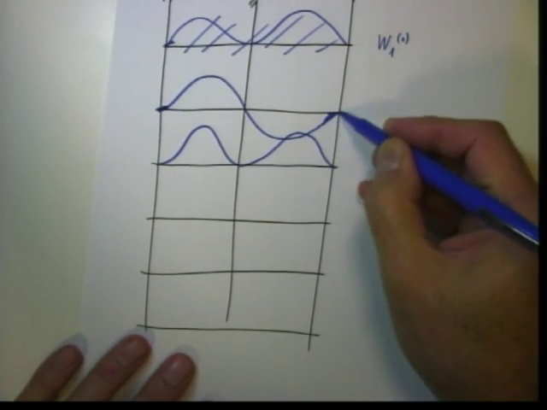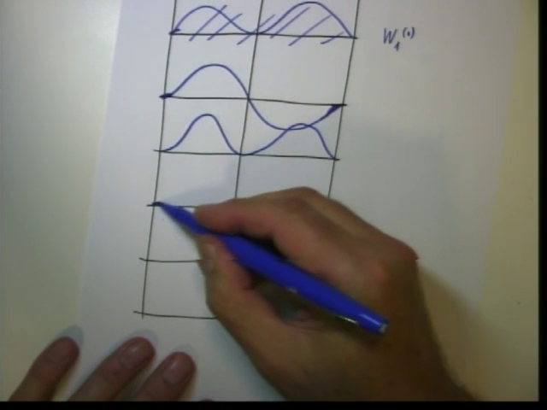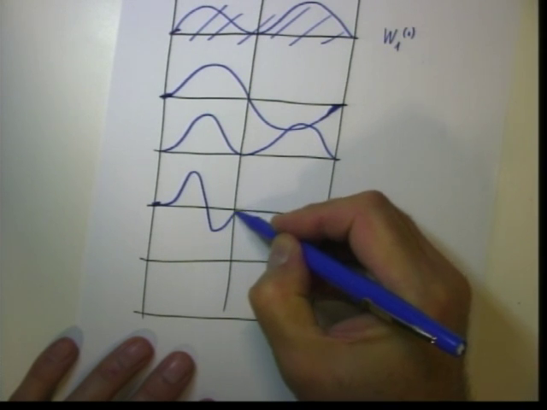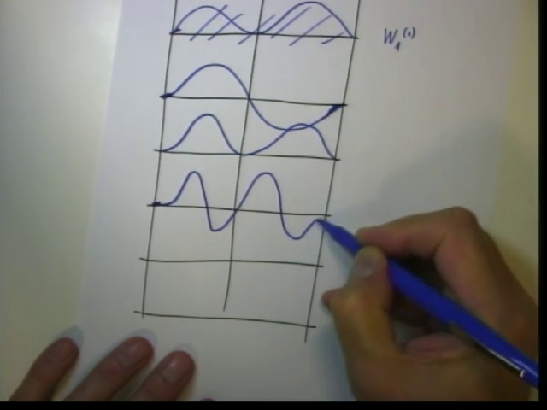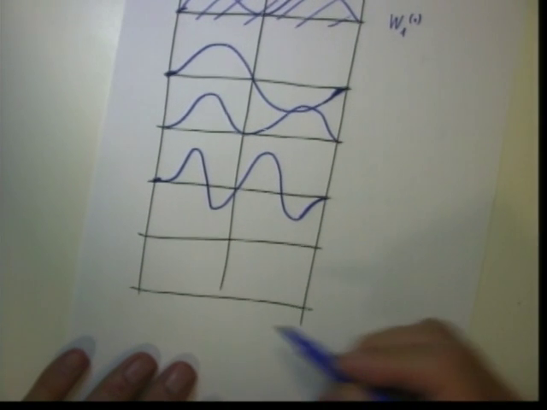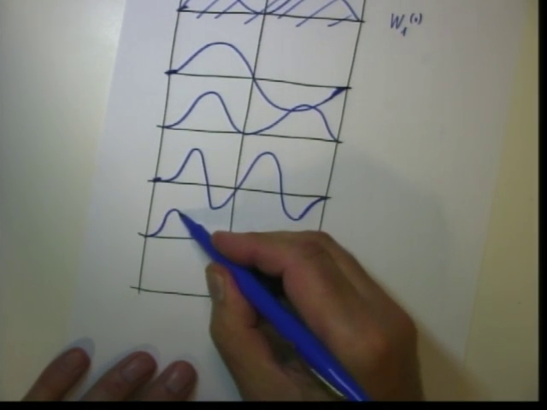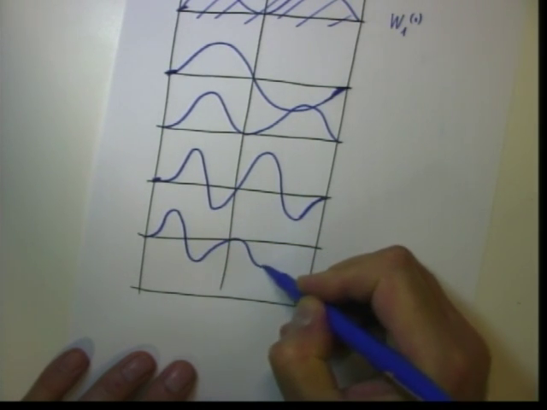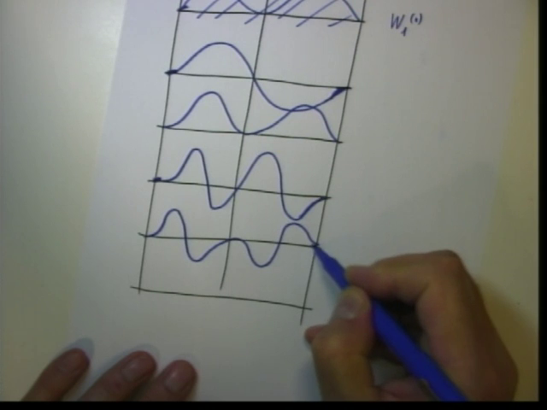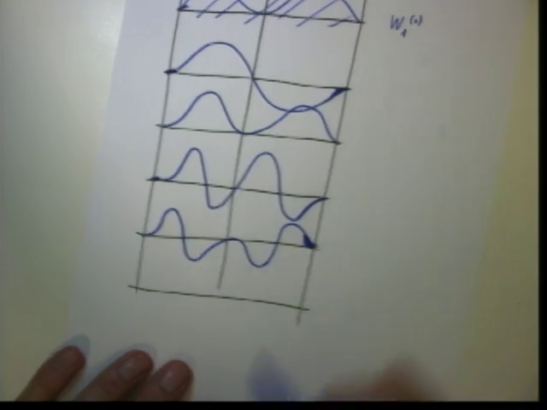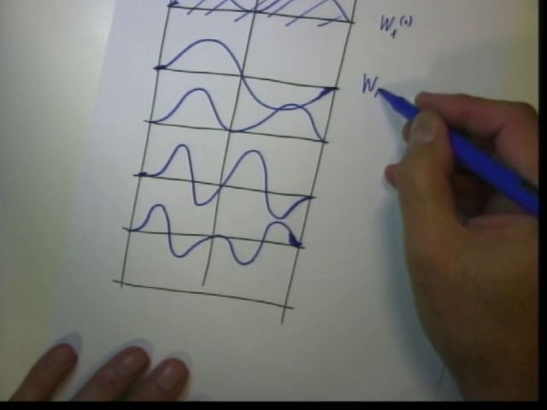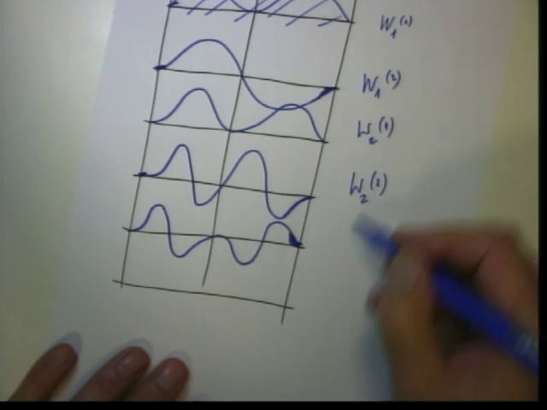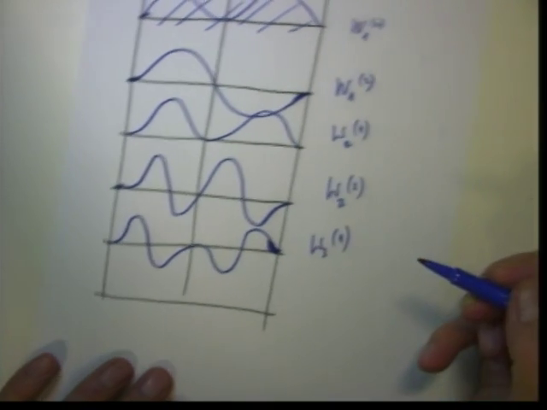This is clamped here like this. One. Okay, so that is W1 of second series, W2 of first series, W2 of second series, W3 of first series.